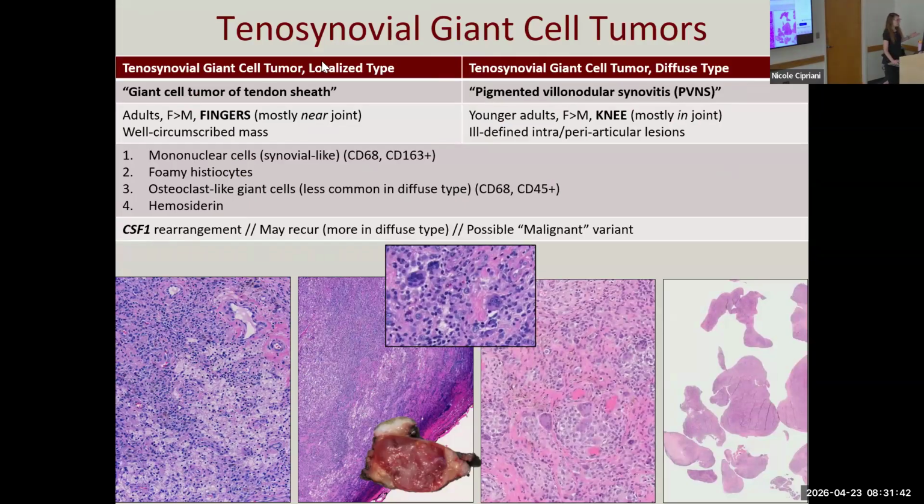The one on the left, right, as you might suggest, is a single nodule, usually stuck to a small joint. PVNS is sort of this carpeting villus problem that is in a larger joint, like a knee. Yes, you can get a single localized type on the knee, but if you're going to see a diffuse type, it's probably more likely going to be in a larger joint.